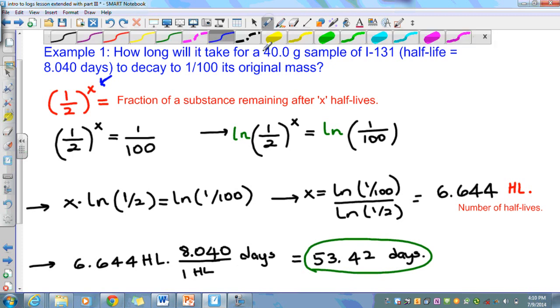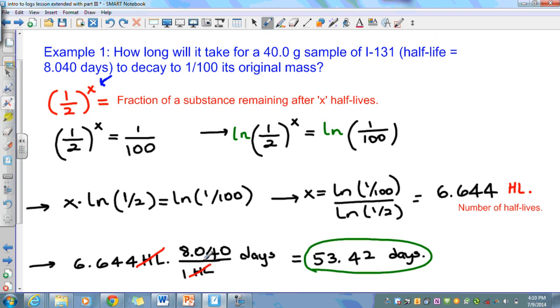Here the half-lives cancel. Again, you didn't have to do it this way, but you can also do it using a conversion factor. And the answer is 53.42 days. So that answers the question: how long will it take for 40 grams to go to 1/100th of its original mass? The answer is 53.42 days.